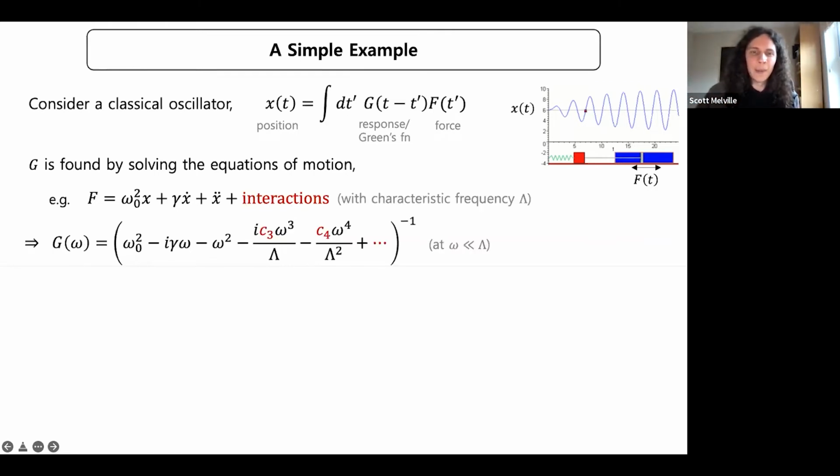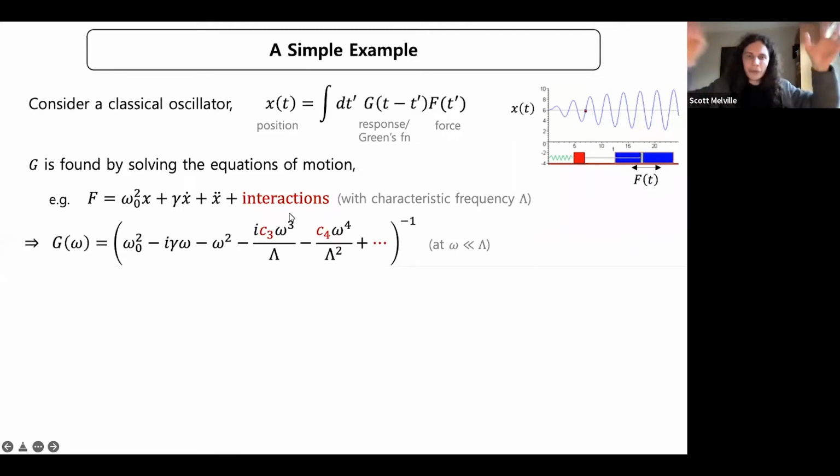And in general, trying to then invert this equation of motion and find G becomes an incredibly difficult problem very fast. So the effective field theory logic, applied to the simple harmonic oscillator, is to say that if these interactions have some characteristic frequency lambda, then I can Taylor expand their effects in the response function.